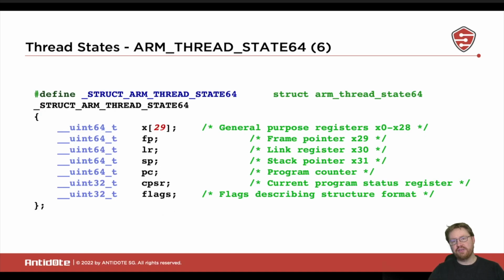And the flags, for example, tell you if certain parts like the program counter or link register are PAC protected. Yeah, that's basically it, more or less. So this thread state is flavor 6. So if you ask for flavor 6, this is what you would be able to get back.